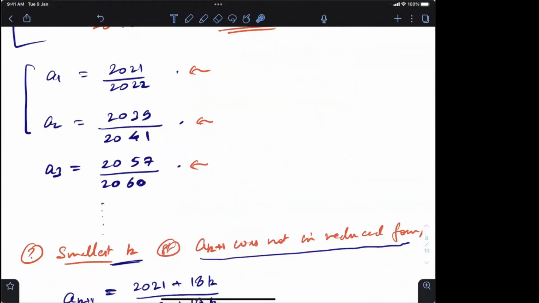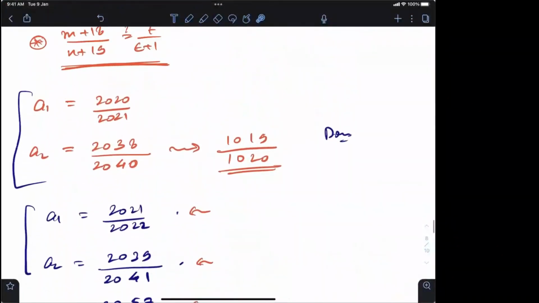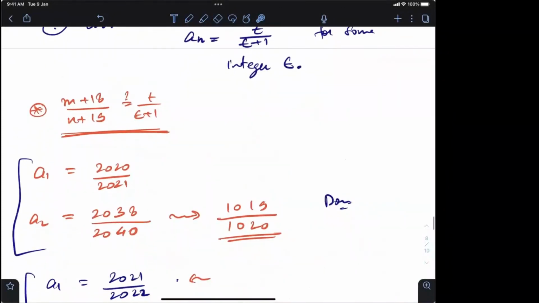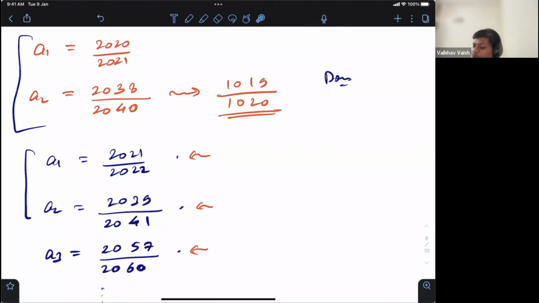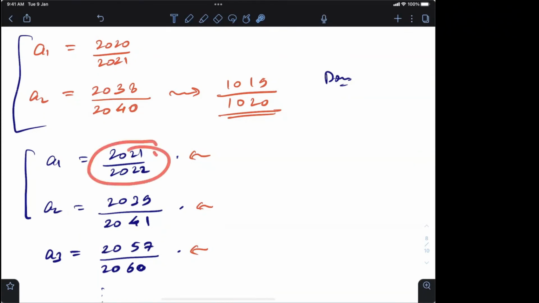Sir, in the first form you have written, 2021 by 22, can we reduce it to its lowest form and then add it with m plus 18, n plus 19? Can we do it in another form also?